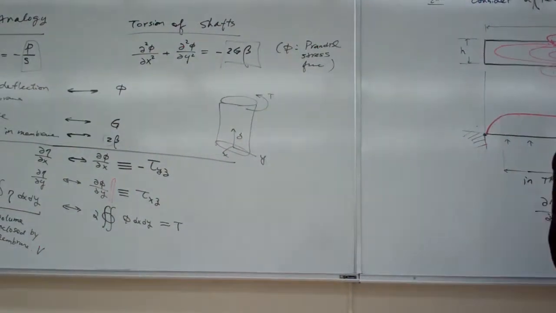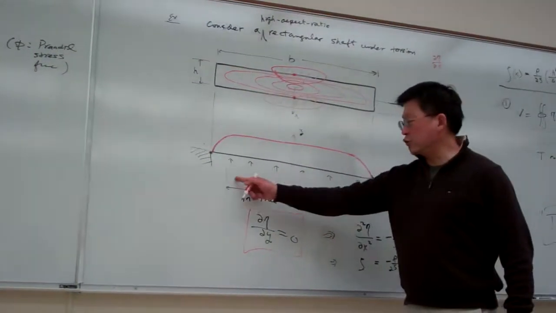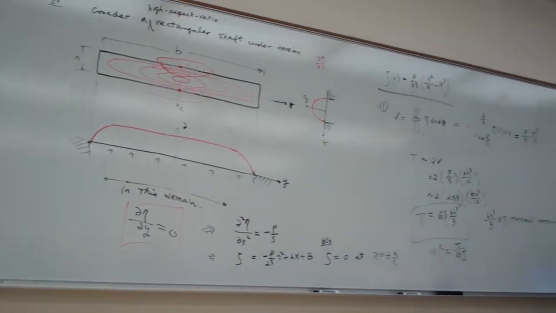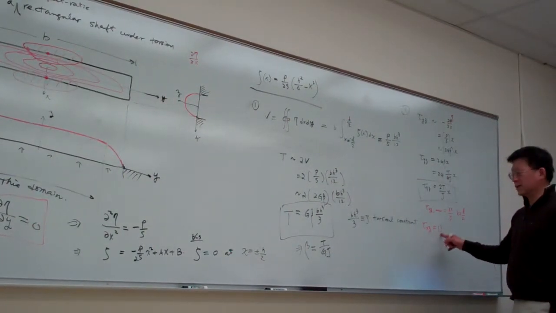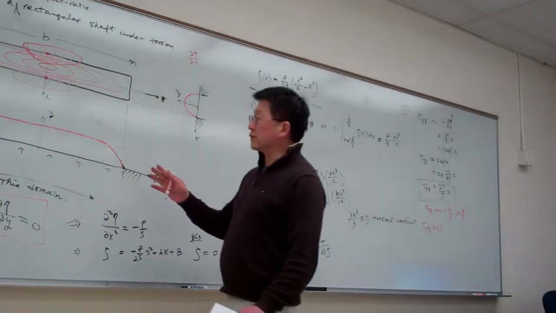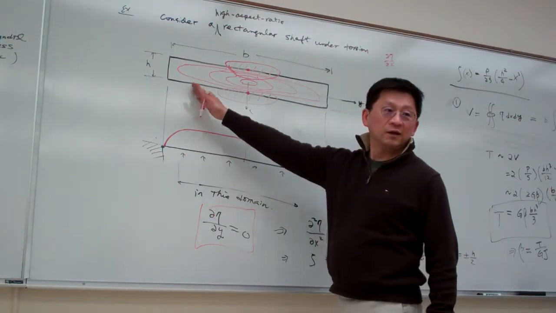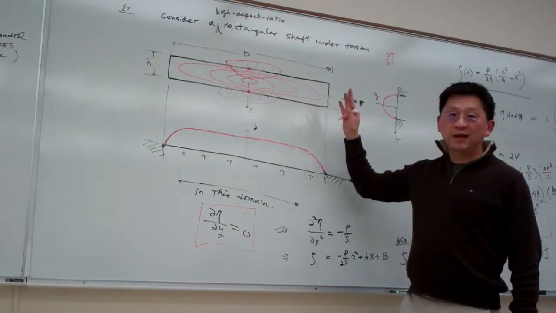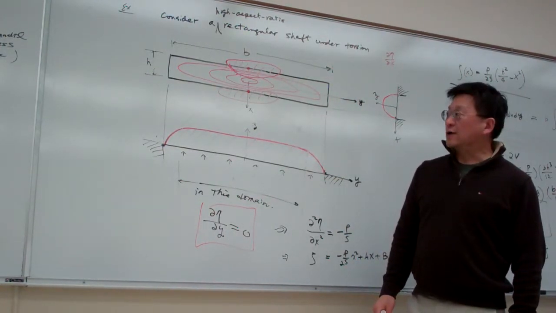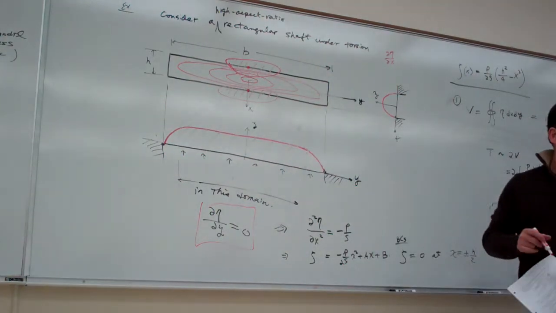In our analysis, we study this portion, which is 0 in our approximation. This approximation is only valid in this domain. Approaching the boundary, we do need a little bit more detailed calculation. But as long as we are in the middle, we are good.